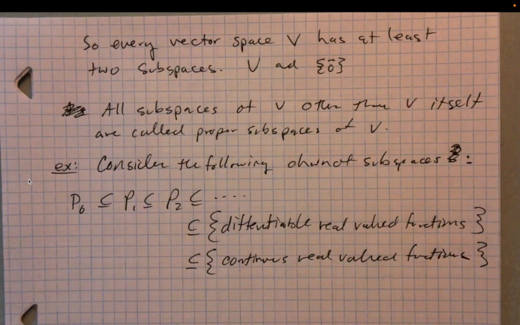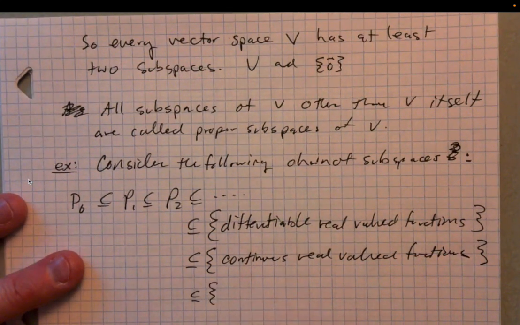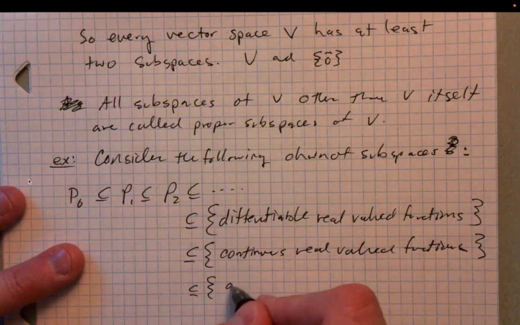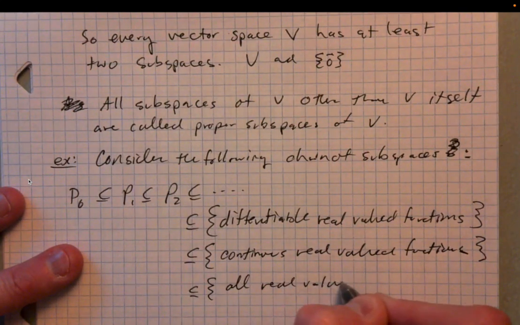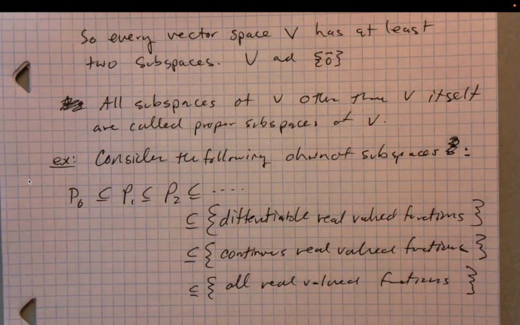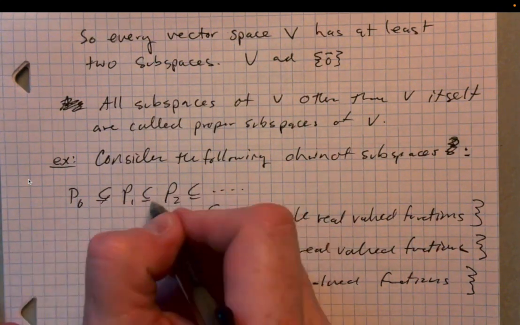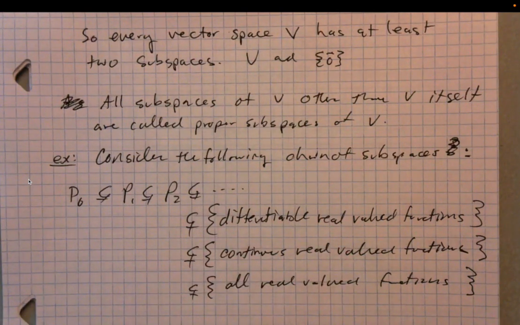Okay, on R, which would be a subspace of another set, which we could say is all real valued functions on R. Right now, if you think about it, these are all actually proper subspaces.